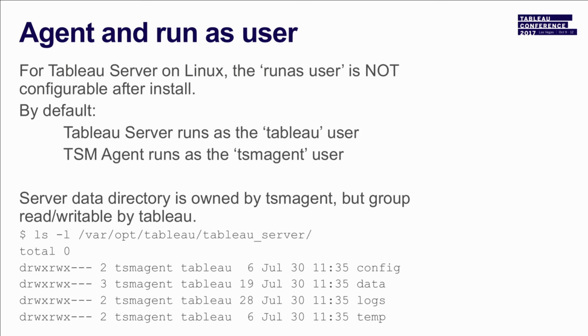That's the same thing. And this has config, data, logs, temp, just like you'd see on Windows Server. These are owned by the agent user, but they are group read-writable by the Tableau user. So Tableau is the user for all of the Tableau Server processes, but the agent ends up owning the files.